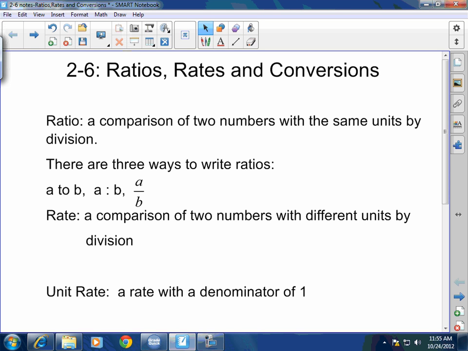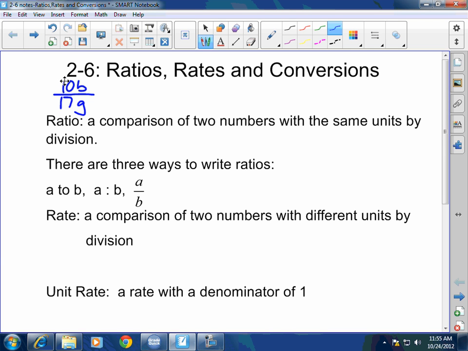So a ratio is a comparison of two numbers with the same unit by division. Now, when we're talking about the same unit, think about that, guys. It's a comparison using the same unit. So what do I mean? In a classroom, there's a ratio of 10 boys to 17 girls. Aren't boys humans?